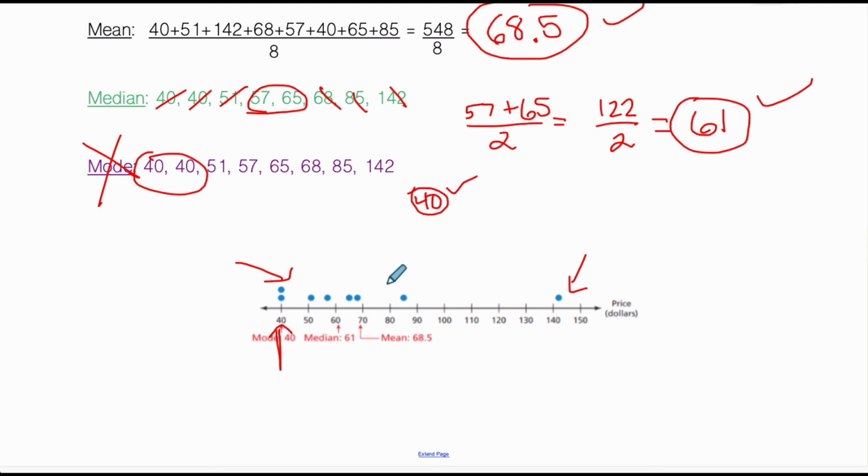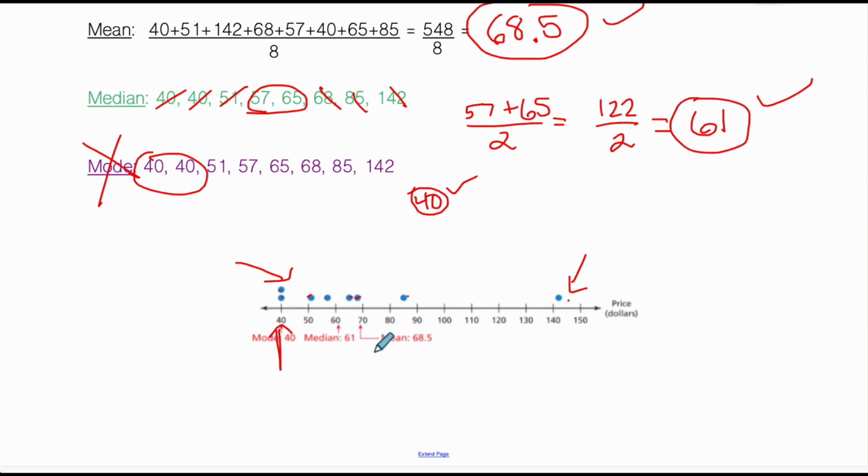So next up is the median, and this falls right in the middle. There are 4 numbers that are less than it, and there are 4 numbers that are greater than it. This is really right in the middle.